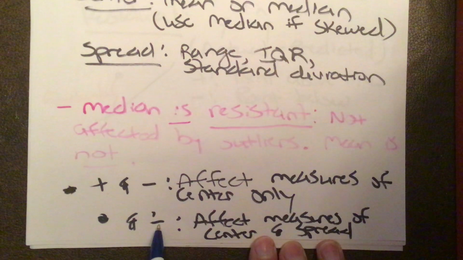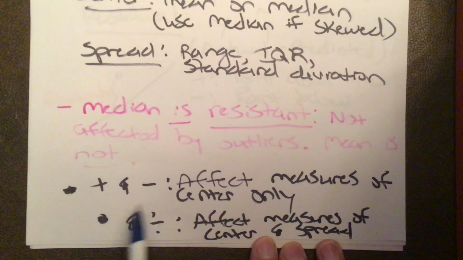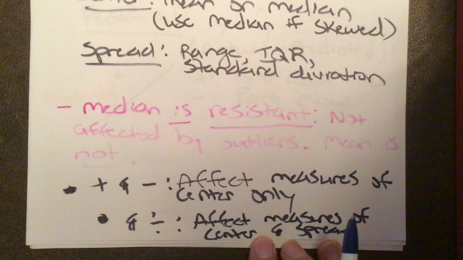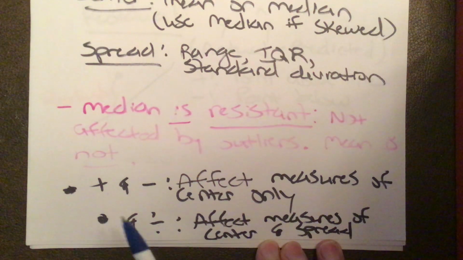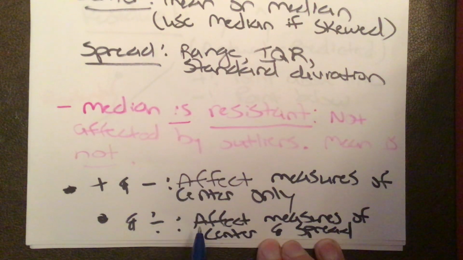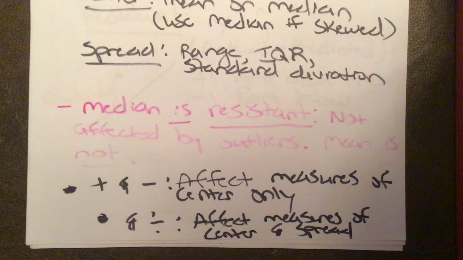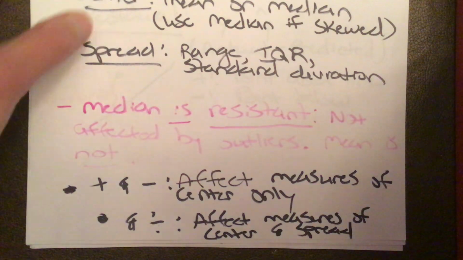If you multiply or divide all the data values by something, this would affect measures of center and spread, because the bigger ones are going to get bigger faster. That's something they may ask about on the AP test. Remember, this year they're de-emphasizing calculations, it seems to me, and emphasizing concepts. So make sure you have that conceptual understanding.